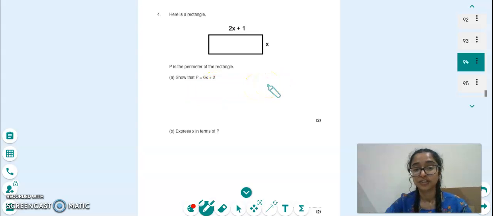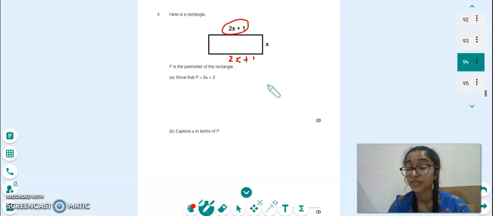So what you should have got, P equals 6x plus 2. You can see that this side is the same as this side, so this will also be 2x plus 1, and the small side, both of them are the same. So you need to show the examiner that the perimeter, so when you add all of these together, that should equal P. So I'm sure you've got that right. Okay?